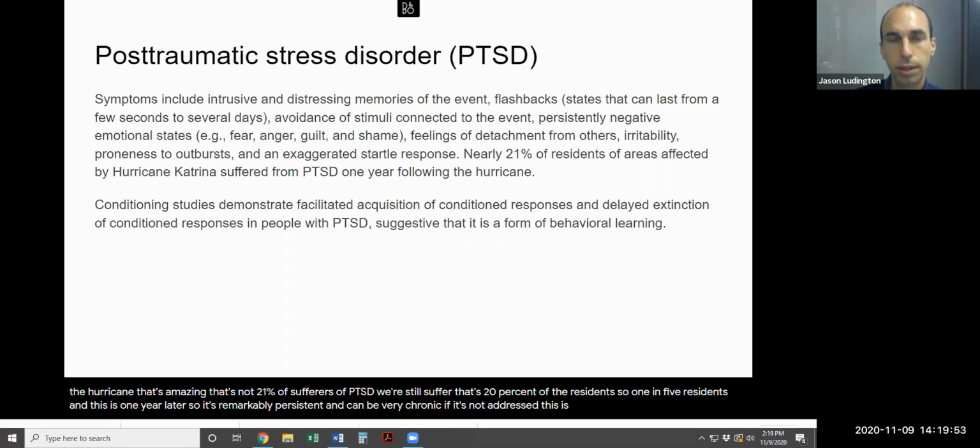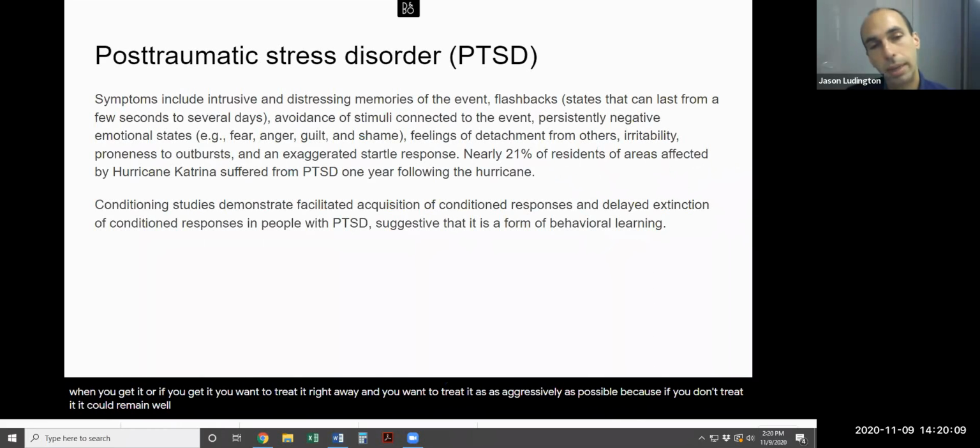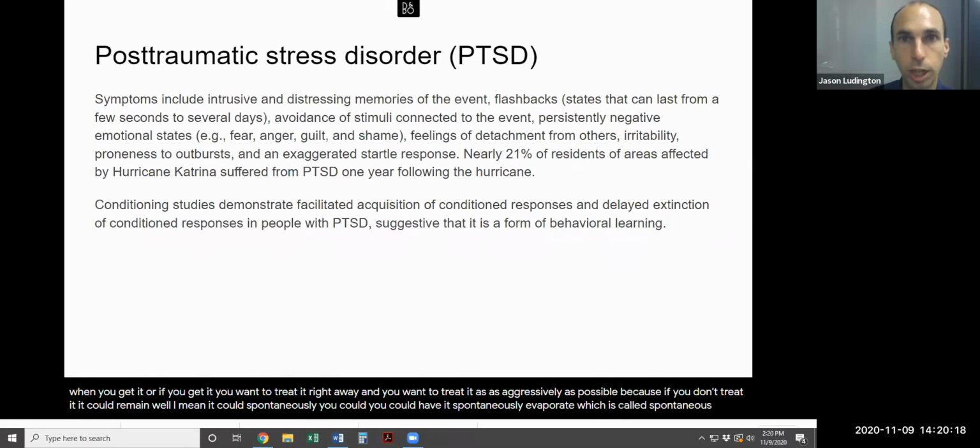This is one disorder that when you get it, you want to treat it right away, and you want to treat it as aggressively as possible. It could spontaneously evaporate, which is called spontaneous remission.